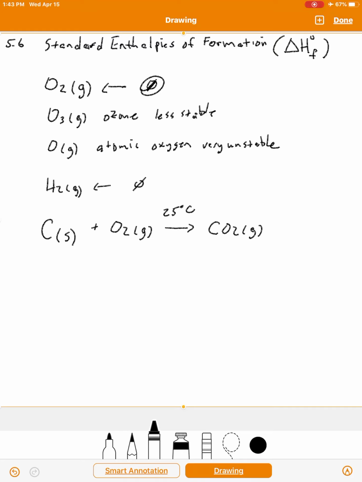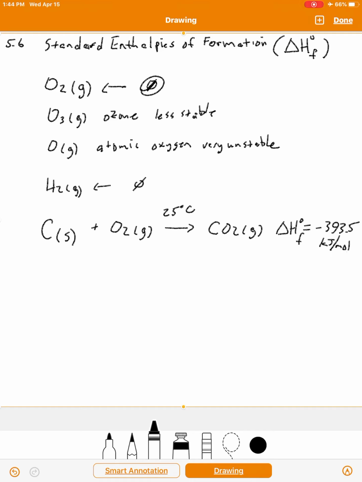If we do that and we measure delta H, so this is done experimentally, we're going to call this delta HF with a degree sign, delta HF naught. And we're going to measure it. And if we did, we would find that it comes out to minus 393.5 kilojoules per mole of CO2.